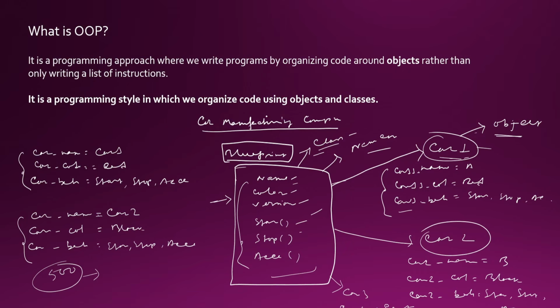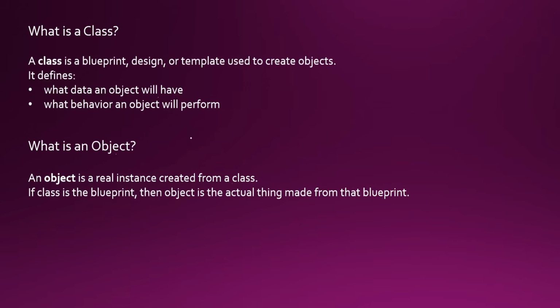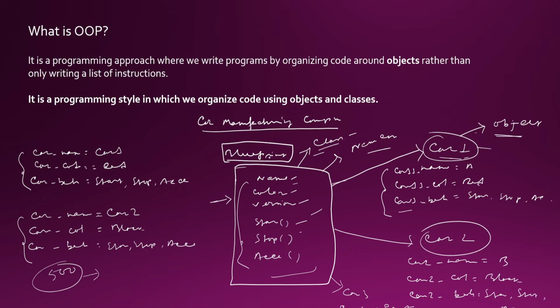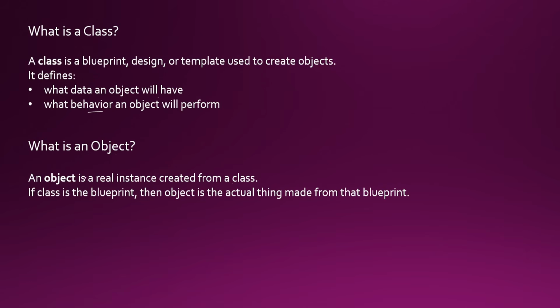Now, if we see the definition of class and object, a class is a blueprint, design, or template used to create objects. It defines what data an object will have and what behavior an object will perform. That means this entire blueprint that we have created is basically our class, and this class defines all the features and behavior that all the objects created from this class should have. What is an object? An object is a real instance created from a class.